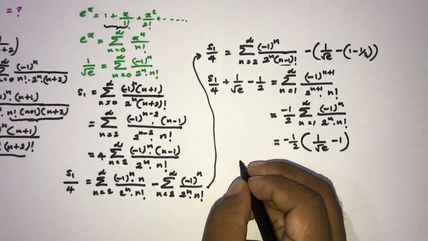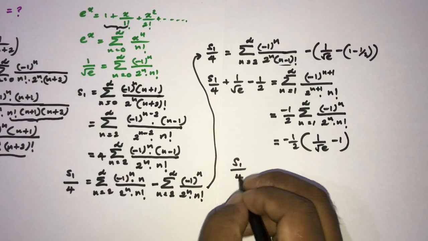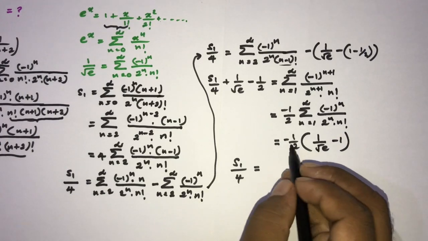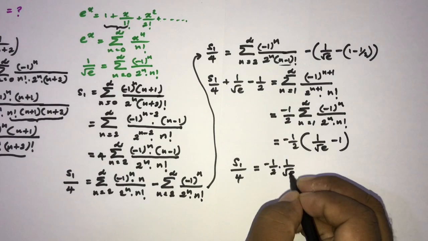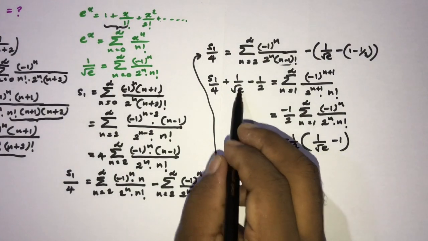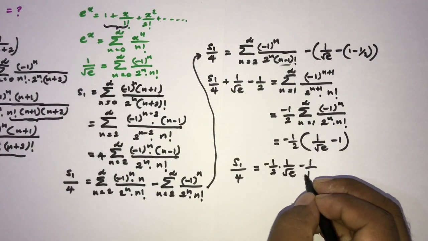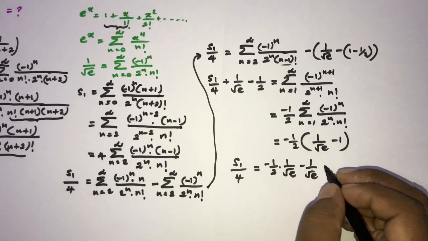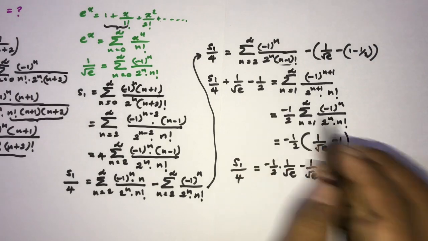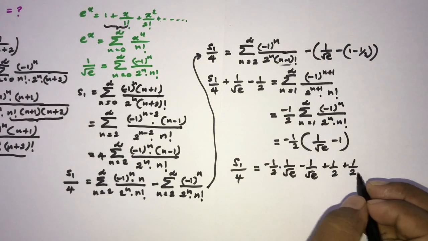So now I am going to isolate S1 over 4, which is equal to minus 1/2 times 1 over square root of e, then minus 1 over square root of e, here we have plus 1/2, here also plus 1/2.